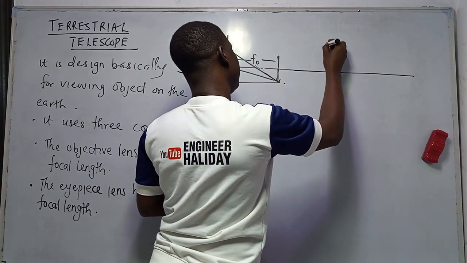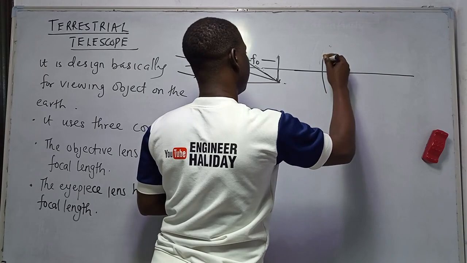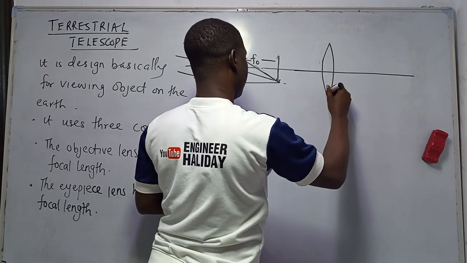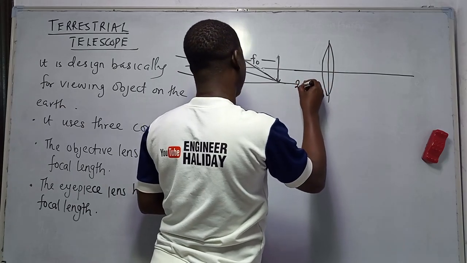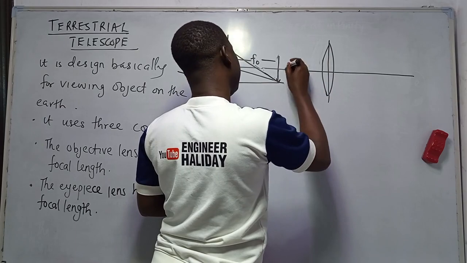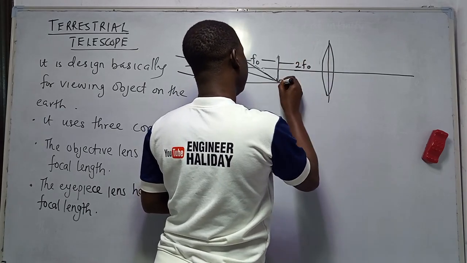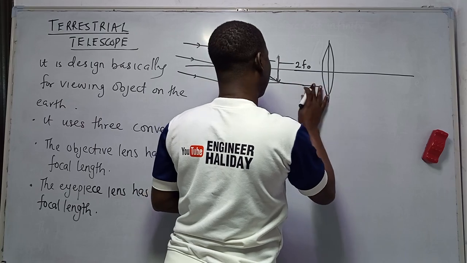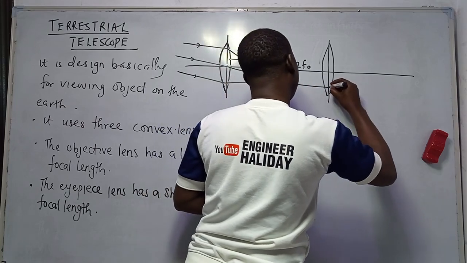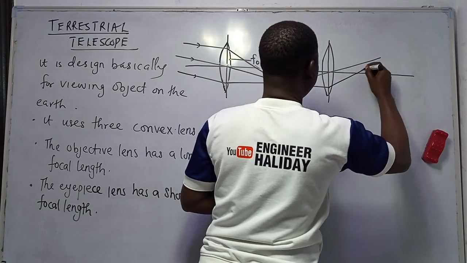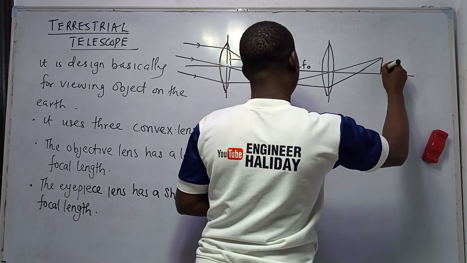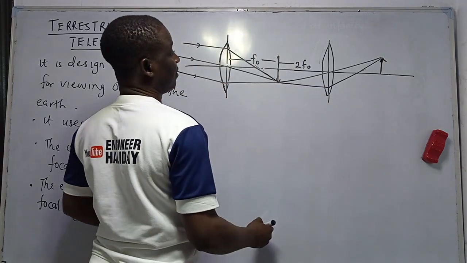Now let's arrange it. The length from here to here should be 2f, so that the image will produce the same image, but this time around we erect it.